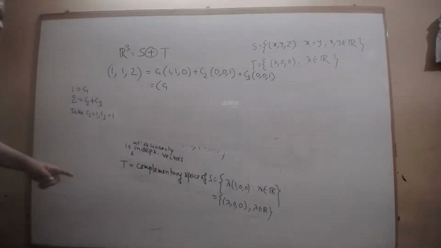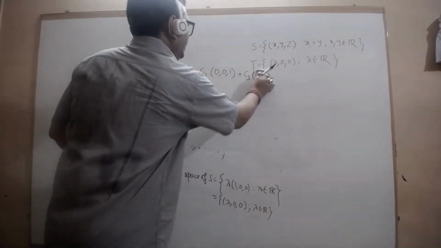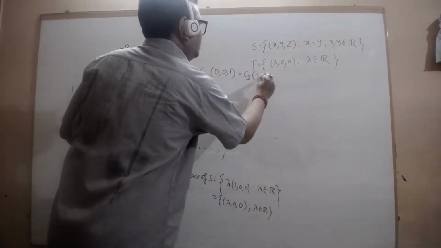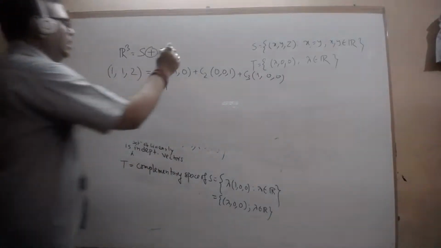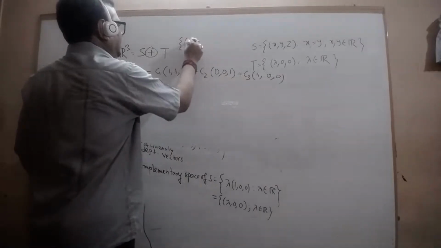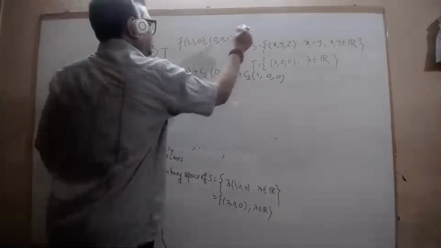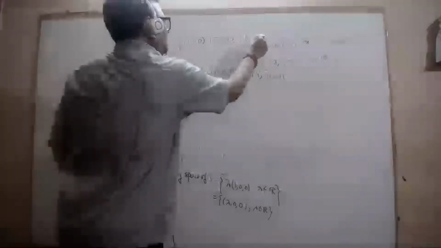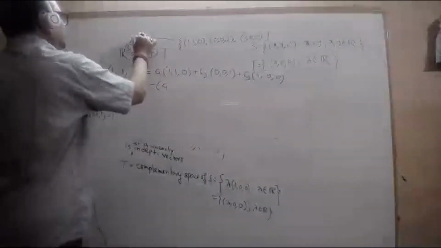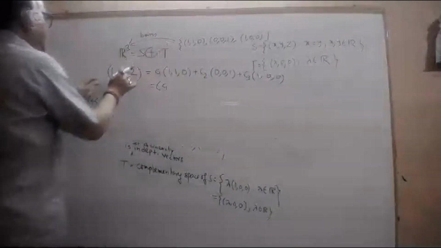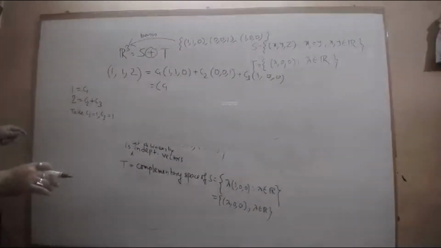I write the same vector thing. This should be 1, 0, 0. C3 equal to 1, 0, 0 because these are the basis of R cube, and this vector can be written as a linear combination of these three vectors.